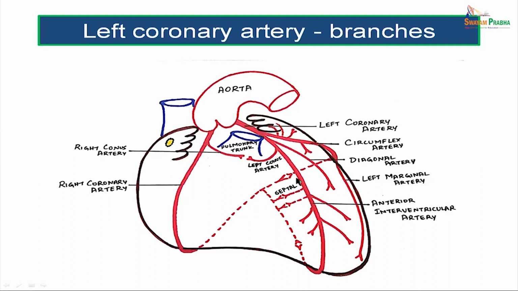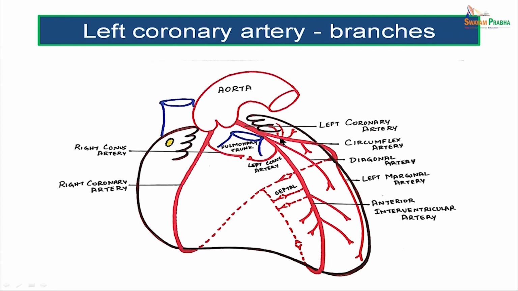So, you find the anterior interventricular artery supplying the whole of the sternocostal surface of the left ventricle, a small portion of the sternocostal surface of the right ventricle, and the anterior 2/3 of the interventricular septum. These are the branches arising from the anterior interventricular artery.